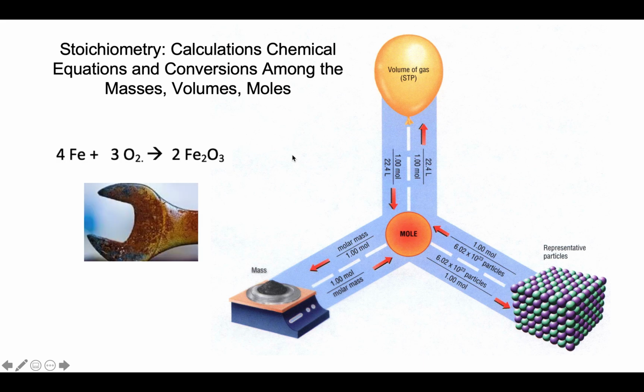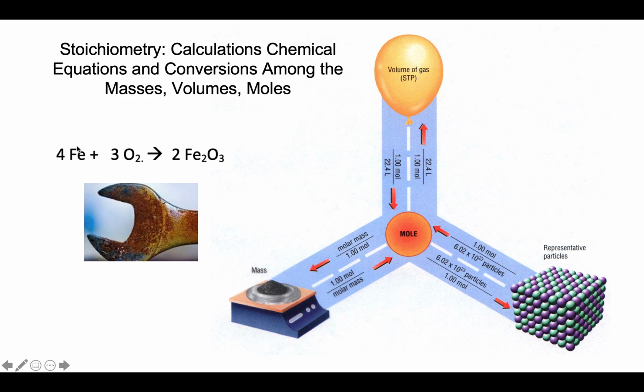the dimensional analysis. So here's an example of a balanced equation of iron and molecular oxygen forming ferric oxide. Ferric oxide, we recognize that as rust. So rust on this wrench. Now, this is a balanced equation.